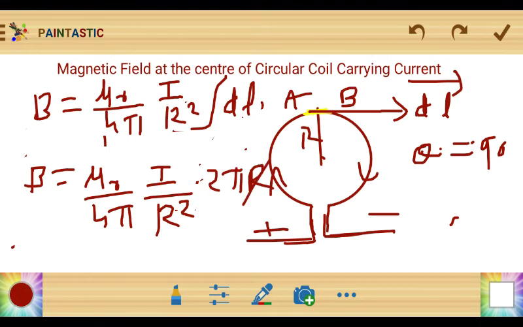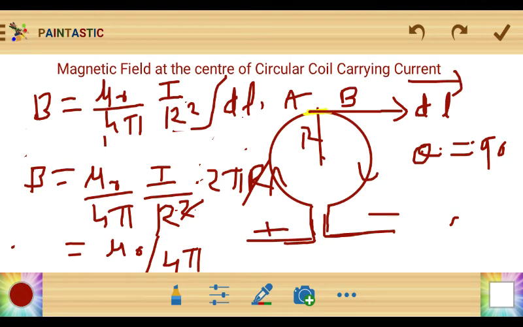So the r will cancel out, or you can cancel it. As per the textbook, we are keeping 4 pi and using it as it is. So the net result will simply be mu 0 upon 4 pi, 2 pi I.